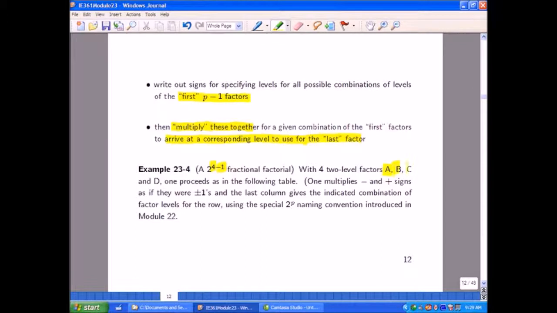I have factors A, B, C, and D. To follow this prescription, I'm going to look at 3 factors and write out plus and minus signs specifying the 8 different combinations of levels of those 3 factors. I'm then going to multiply those signs together and use them to specify levels of factor D, this last factor.